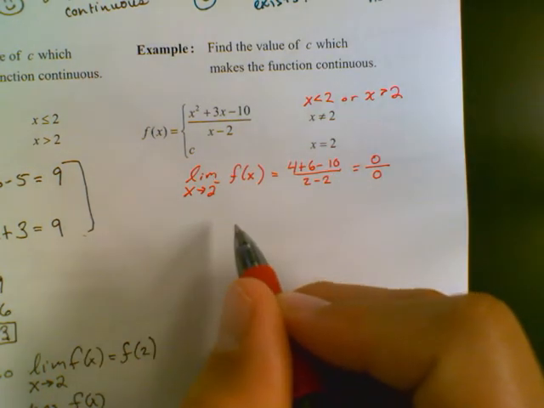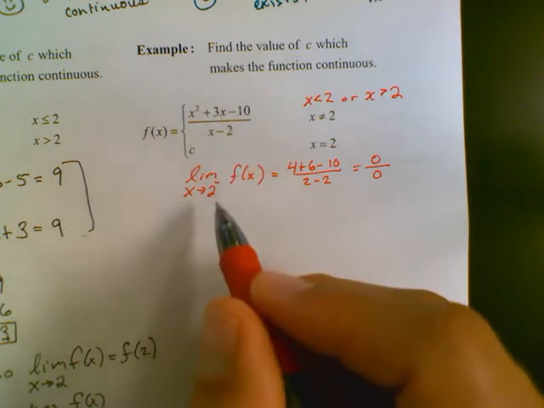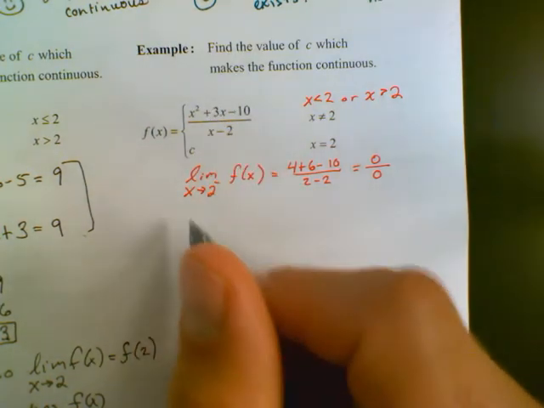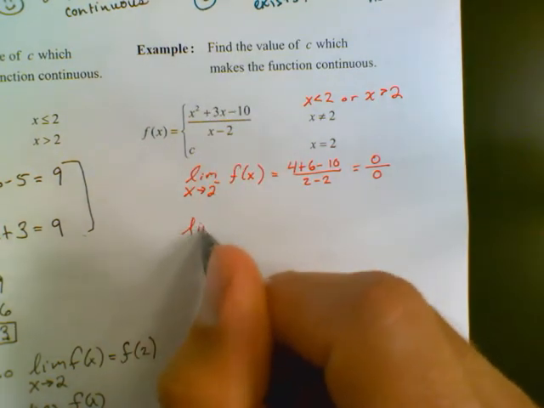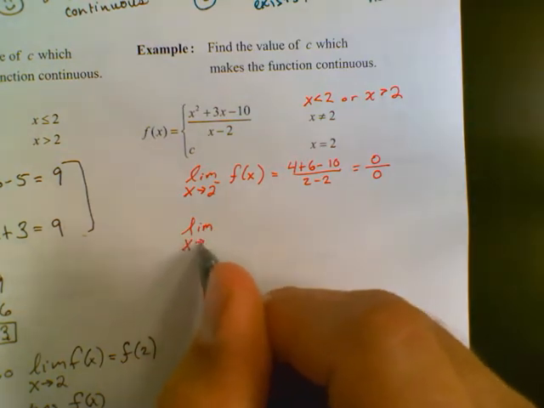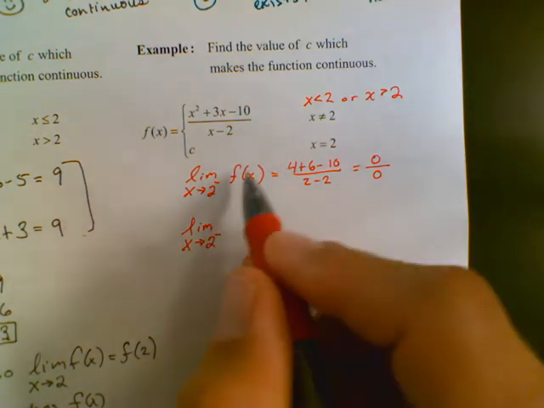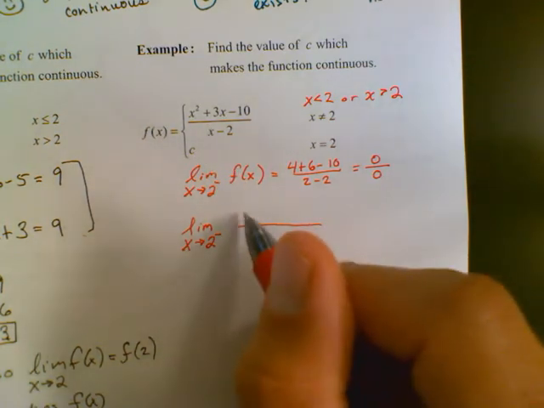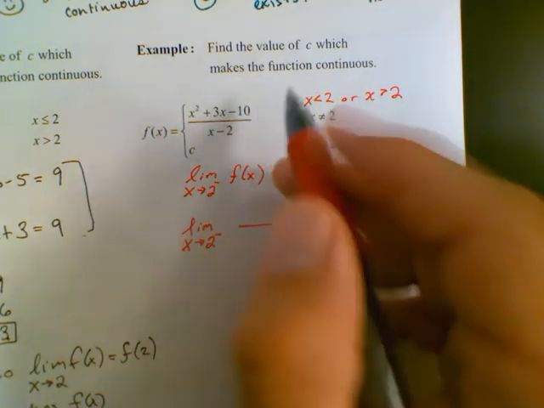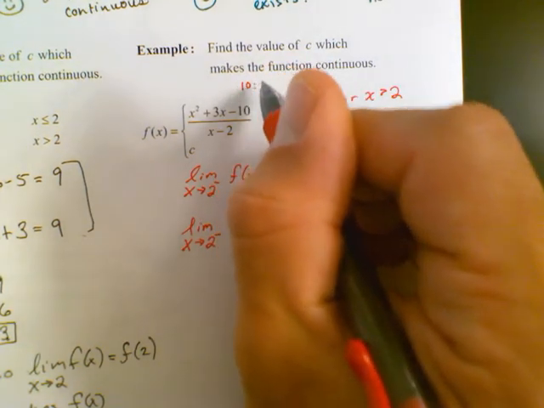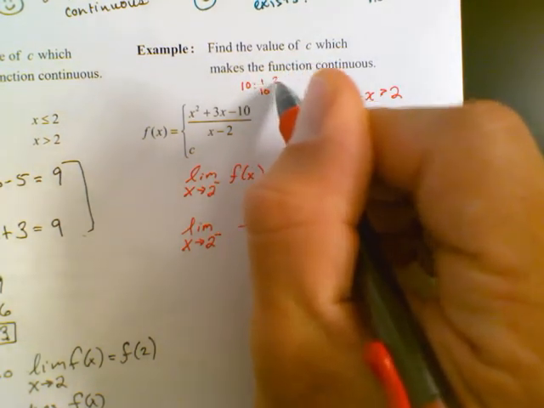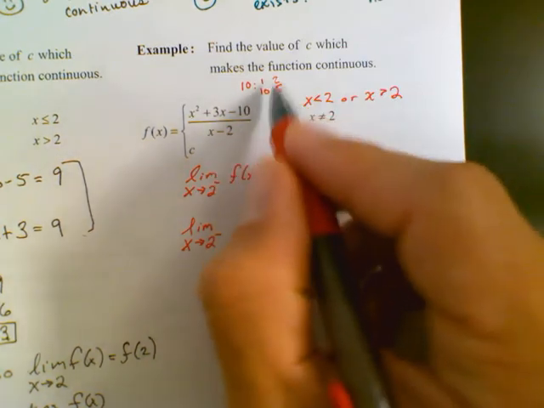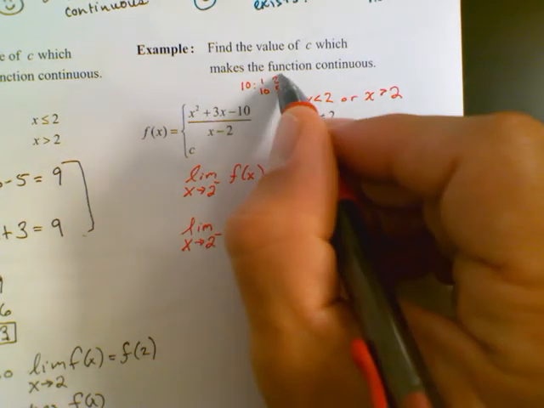So what we're going to do is factor the numerator. So we're going to take the limit as x approaches 2 from the left, and instead of writing f of x, I'm just going to write that top part down, and maybe I'll go ahead and factor it. What are the factors of 10? 1 and 10, 2 and 5. So which pair of those factors will add up to 3?